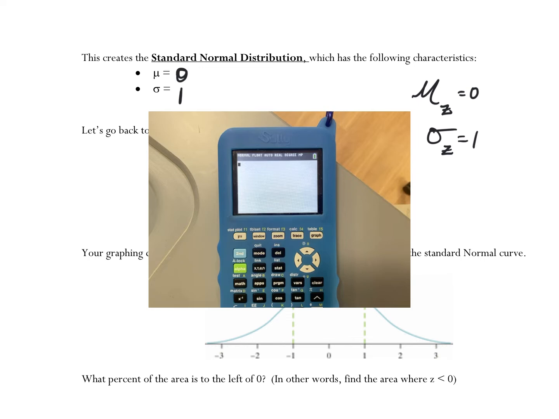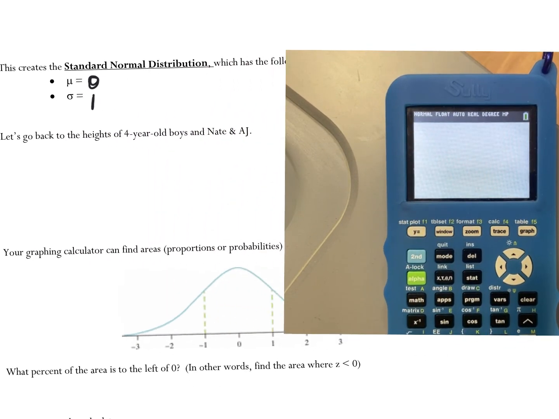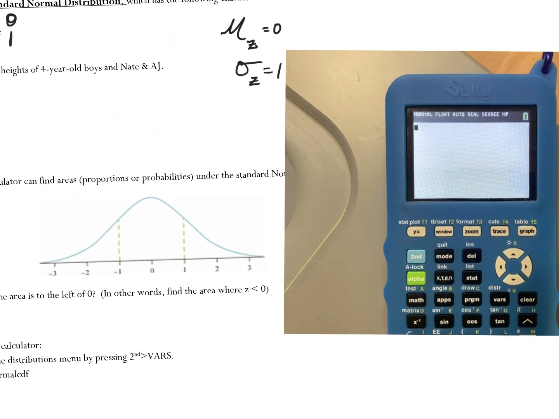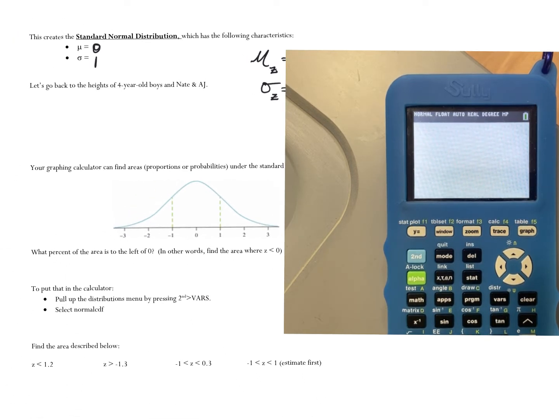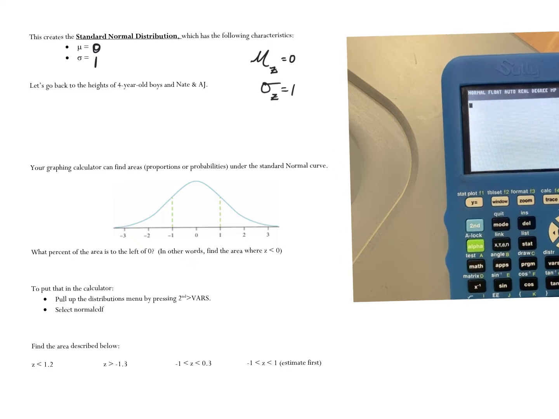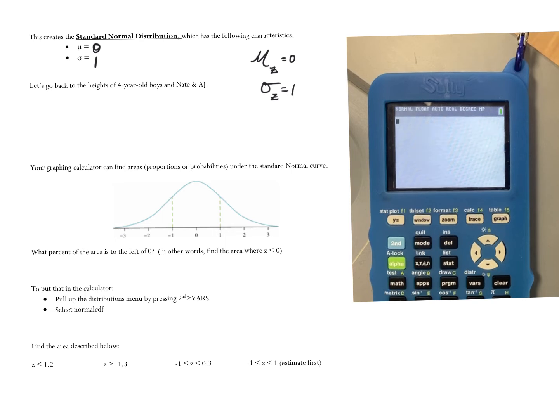Your calculators are pre-programmed with lots of things, one of which is a set of known distributions. Now, search your calculator. Find something that might help you deal with known distributions.